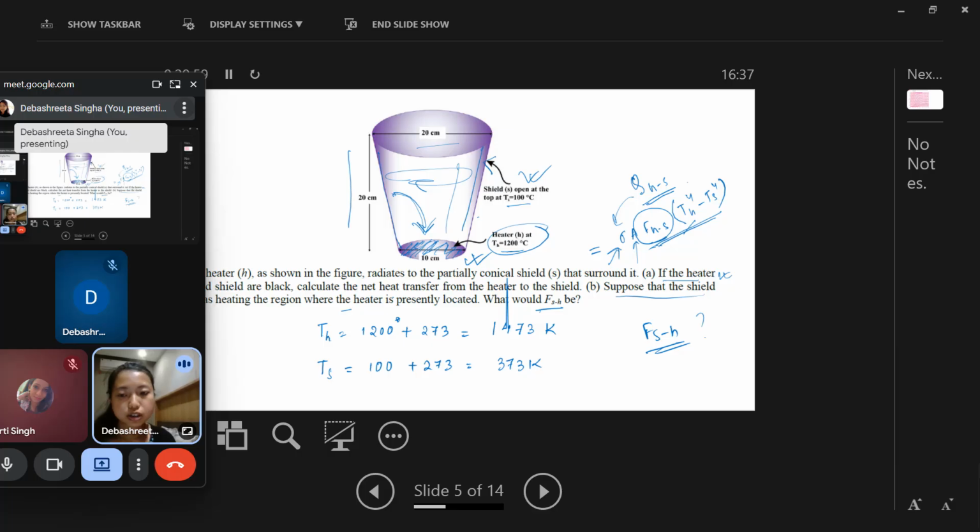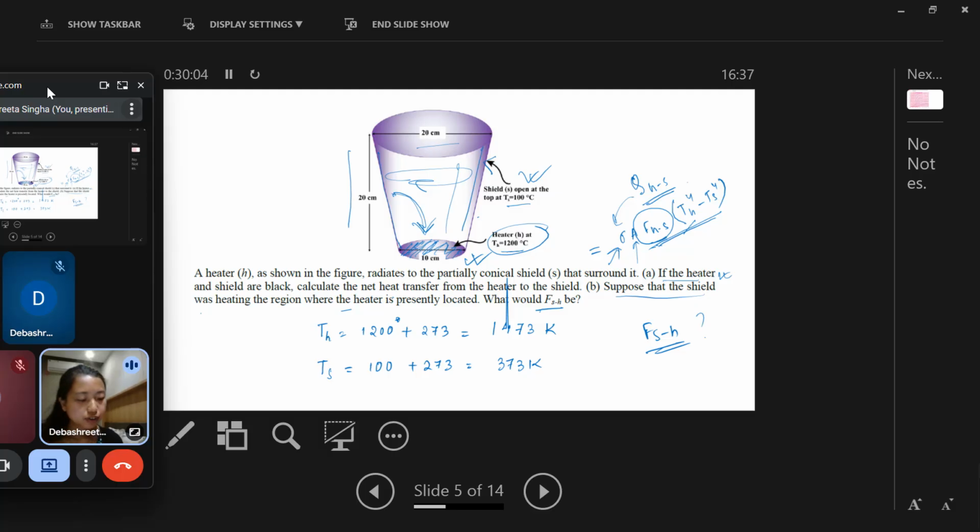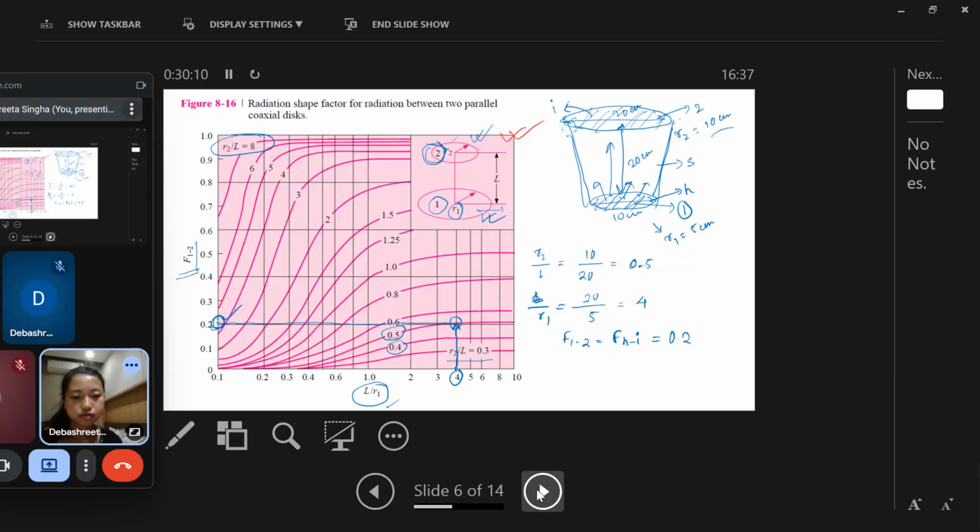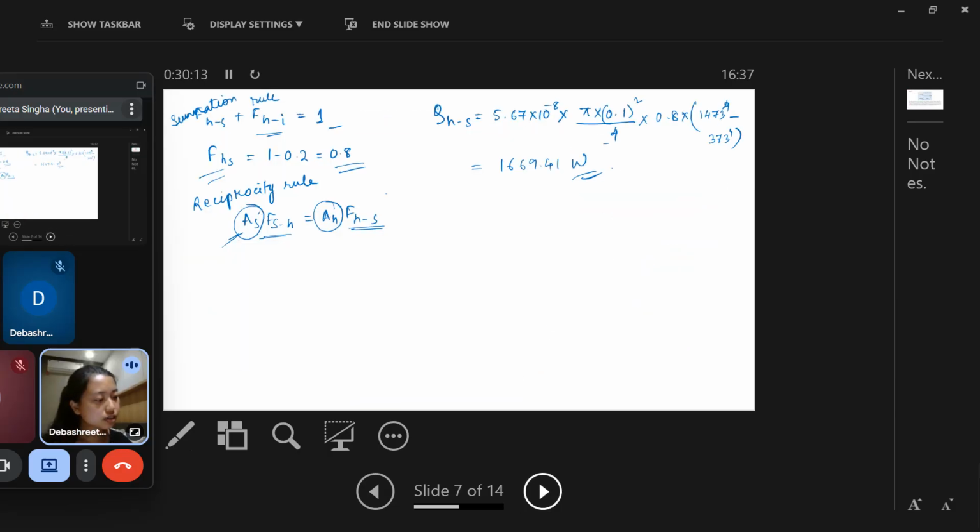So this is actually a frustum, and the area of a frustum can be given as follows. A frustum is the cut portion of maybe a cone, maybe a pyramid.